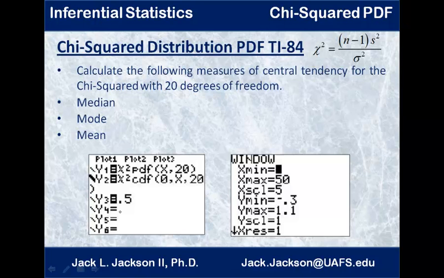And I'm also going to graph 0.5. Why do I need that? Well, remember, the median is the x value, in this case a chi-square value, that gives us a cumulative area of 0.5. So we want to find where y2 and y3 intersect, and that x value will be the median. And the x-min should be 0 here. Can't see it there.